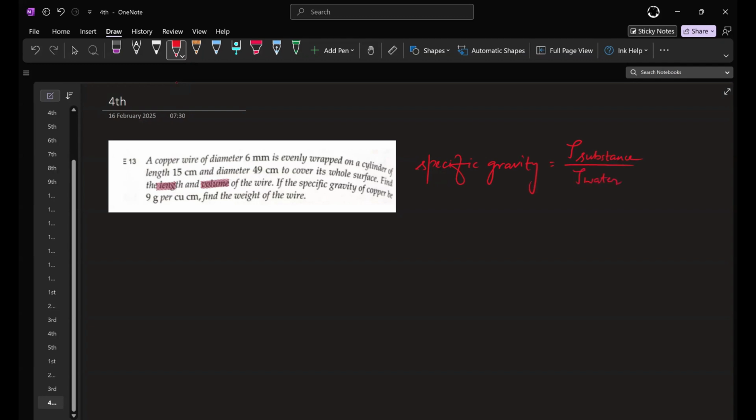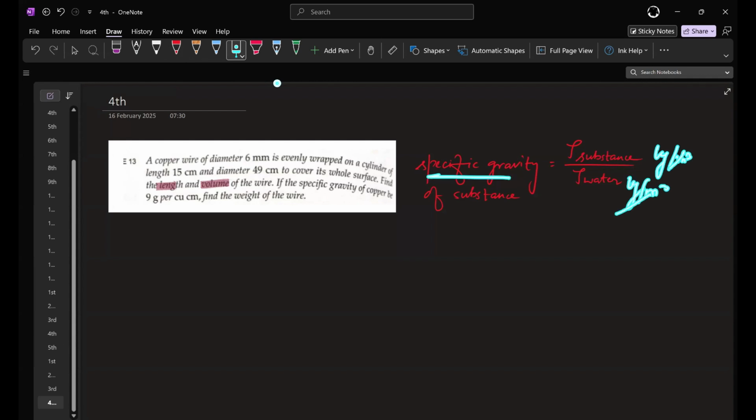Because the numerator and the denominator are both densities, their units are going to be the same.